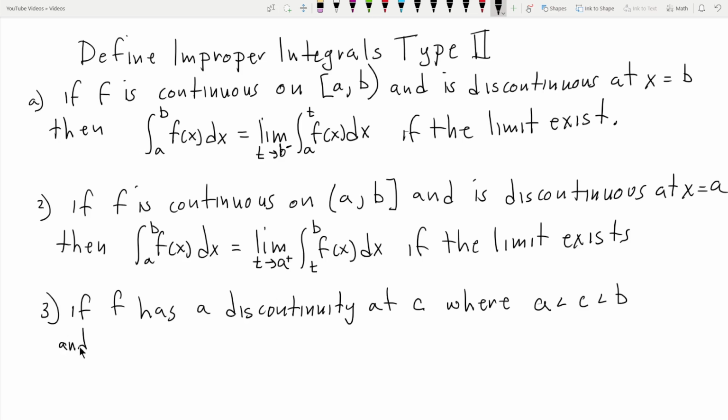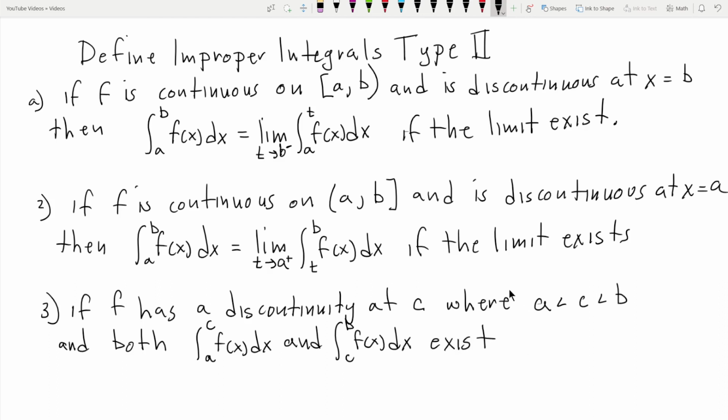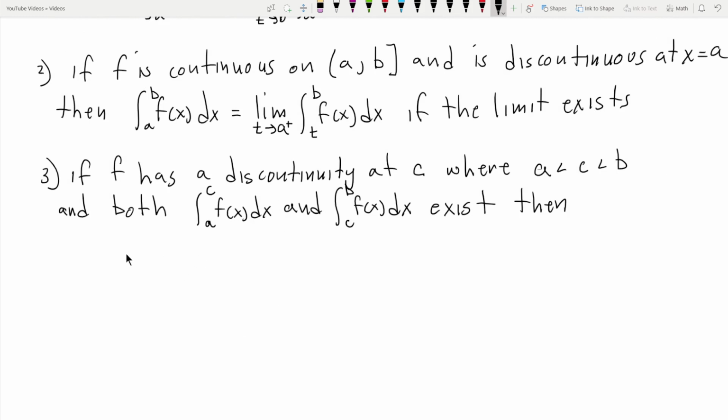And both the antiderivative from a to c of f of x dx and the antiderivative from c to b of f of x dx exist, so both of those have to exist, that is, be finite, then we can write the antiderivative from a to b of f of x dx as the antiderivative from a to c of f of x dx plus the antiderivative from c to b of f of x dx.